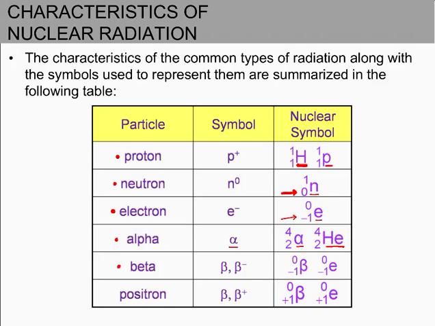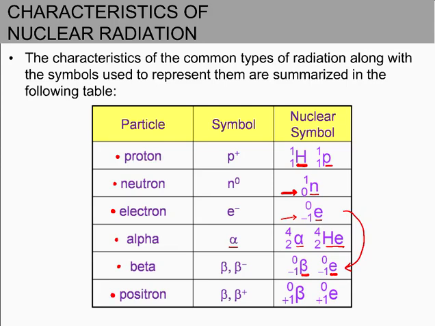All right, next is the beta particle. So for this one, we're going to use the beta symbol, or we could also use an electron E. And remember, beta particles are identical to electrons, so we're just going to write a similar notation. But you could use the beta symbol if you want to differentiate it. And then positrons.